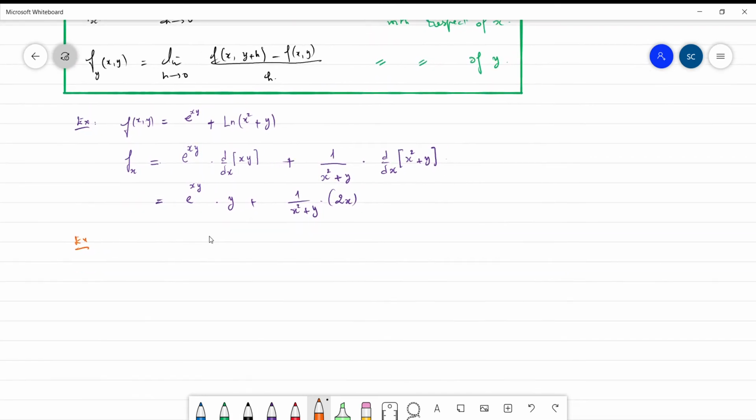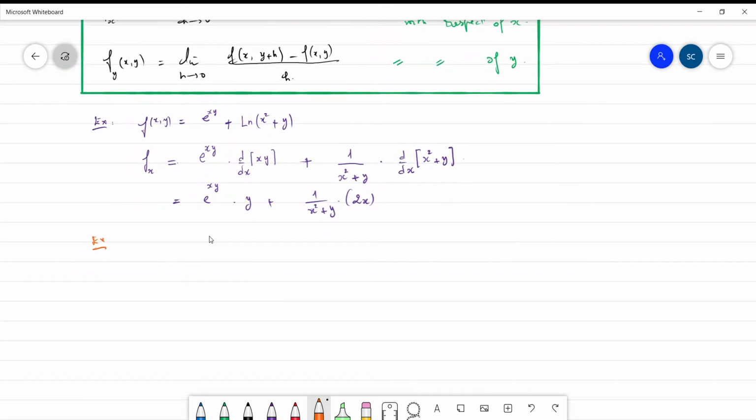With 3 variables, here is my function. What if I have the function f(x, y, z) defined by x y² z³? What is fx, the partial derivative with respect to x? Here x plays the role of a factor, so I need to derive just x, which gives me y² z³ times 1.